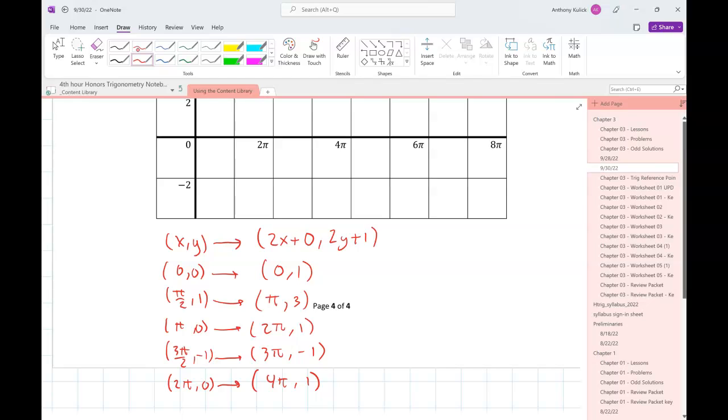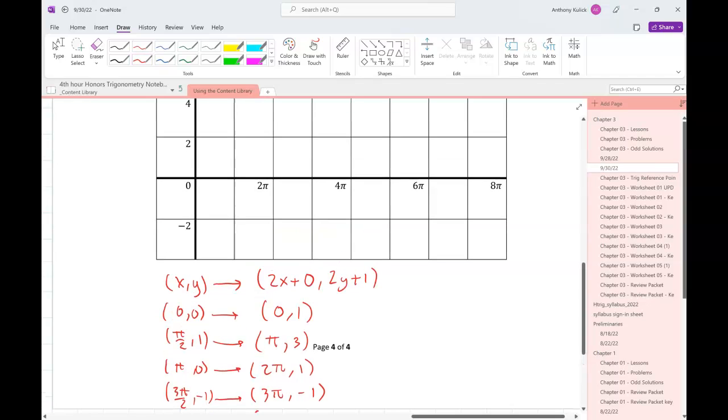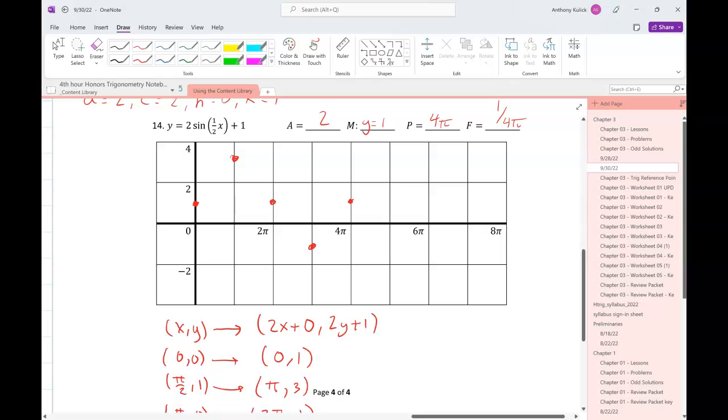So those are my points when I grind through my formula. Okay there? So I'm just going to plot. So 0, 1, pi and 3, 2 pi and 1, 3 pi and negative 1, 4 pi and 1, and then we'll just kind of continue extending.